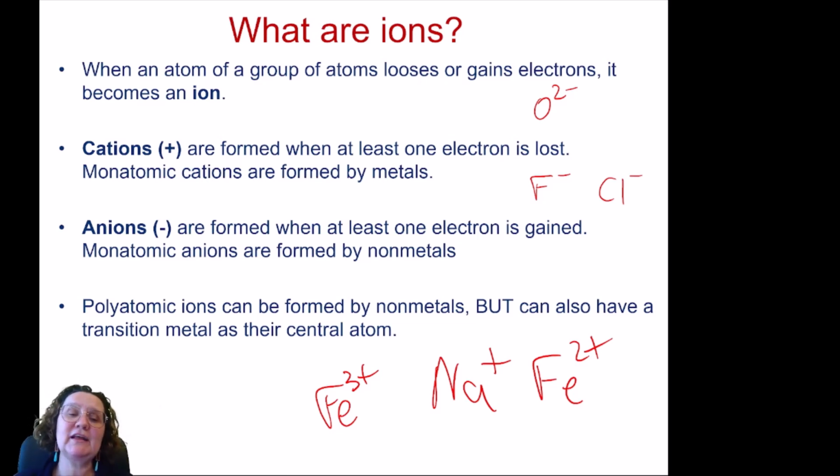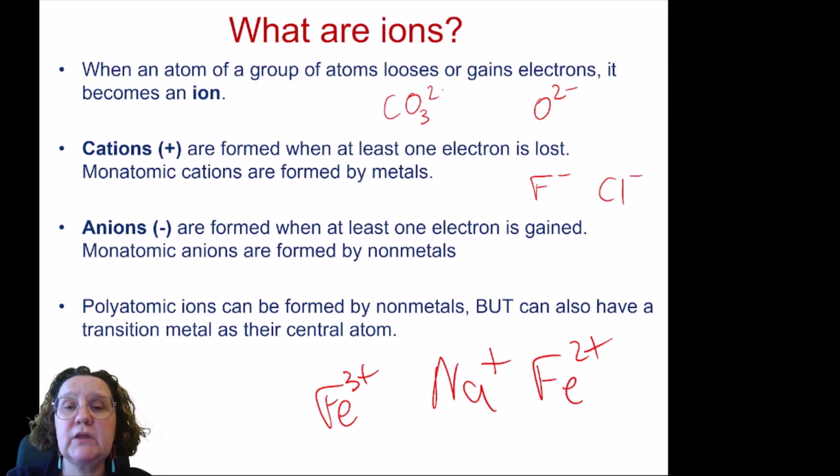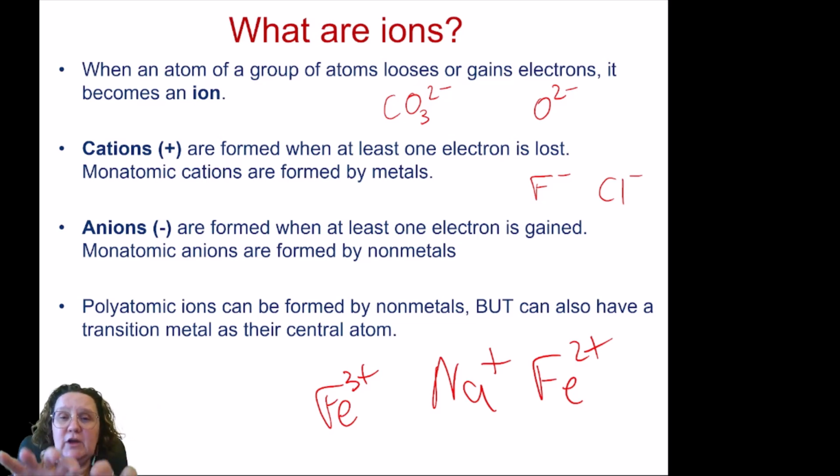So an example of a polyatomic ion, quite common in nature, is the carbonate anion. It's made with a central atom of carbon, 3 oxygens around, and it has gained 2 electrons. That carbon and 3 oxygens as a whole have collectively gained 2 electrons, as shown by the 2 minus.